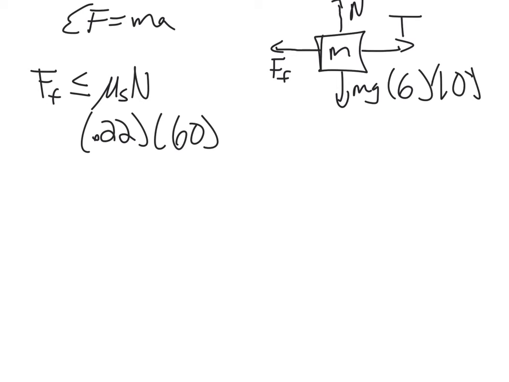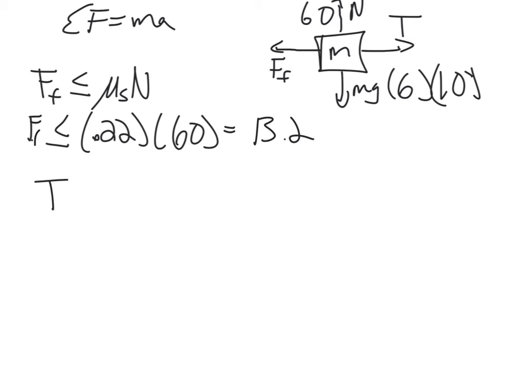And because my box is not accelerating up or down at all, this also has to equal 60 newtons. I have to have balanced forces upwards and downwards. So this is the maximum my force of static friction can be, which comes out to be 13.2.